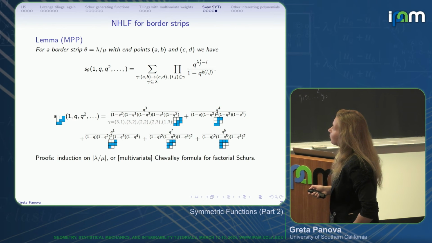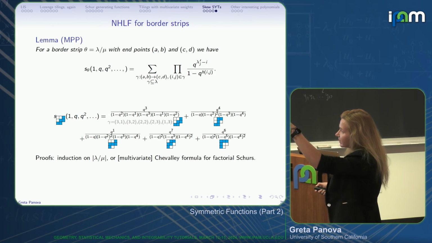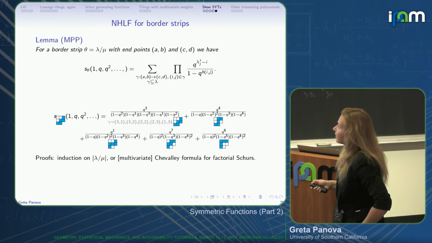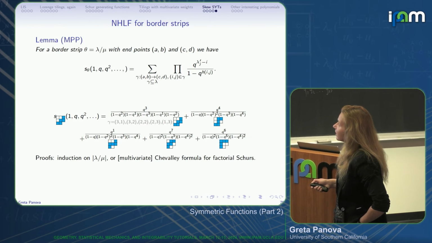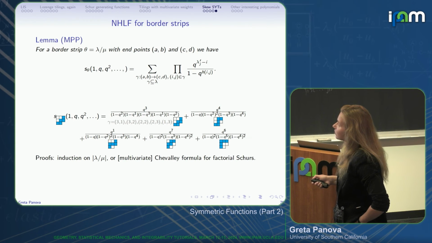If we have a border strip like the zigzag thing that I showed, and we take a Schur function evaluated at 1, q, q squared, and so on to infinity, then we can prove that it is equal to a sum over all paths from the start point of this theta to the end point that are contained inside our outer shape lambda. And then we have a local weight for each path.